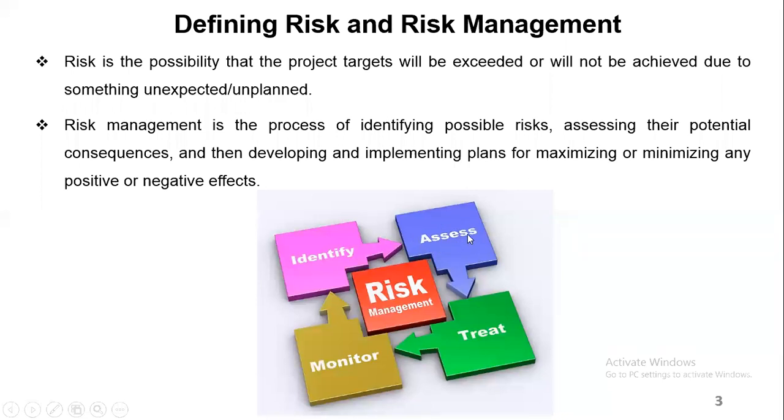When assessing the risk, you do it mainly in terms of the likelihood, or probability, that the risk might occur, and if it occurs, what the impact will be on the project. After that, you treat the risk. This is when you come up with a plan or strategy on how you will handle those risks. And then you implement that strategy.